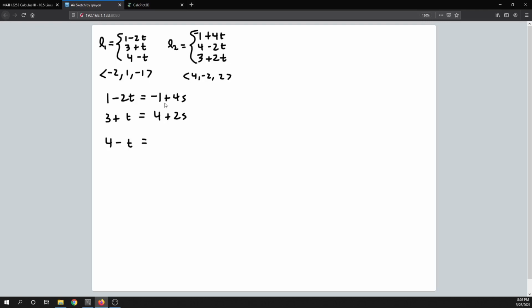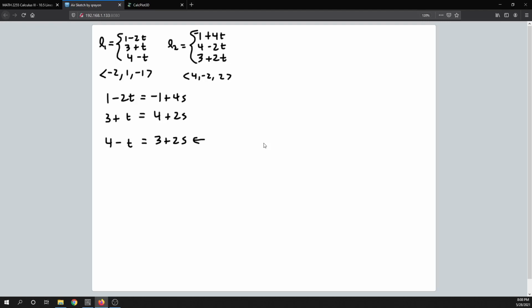Like I said before, if you're using t here, that implies that the values are going to be equal, but it could be a totally different value of the parameter that gives you the intersection point for this line than it is for this line. Okay. All right, and so now just pick one of these equations and solve for one of the variables in there. I'm going to pick this one, and I am going to solve for t.